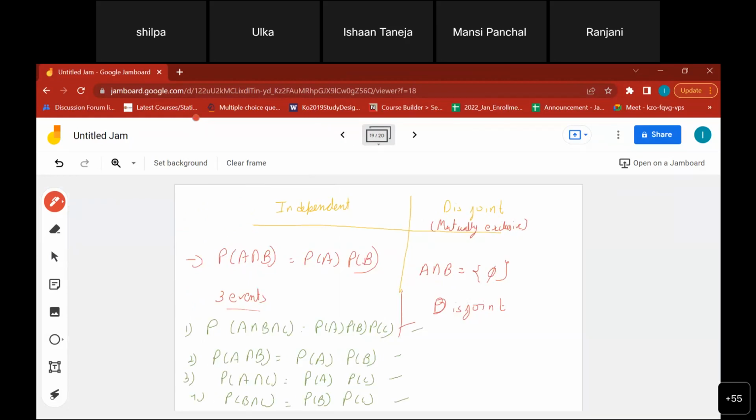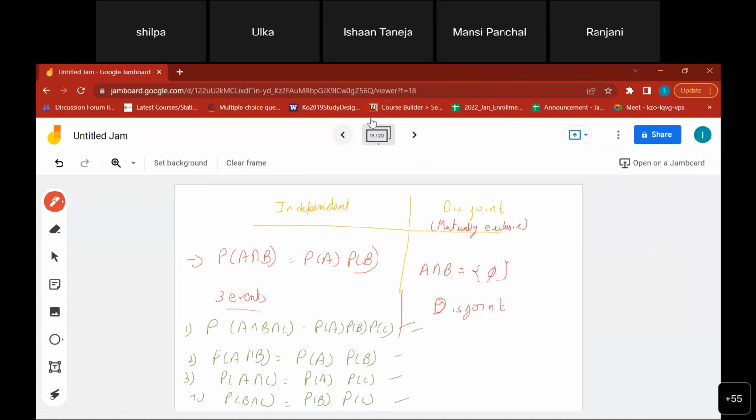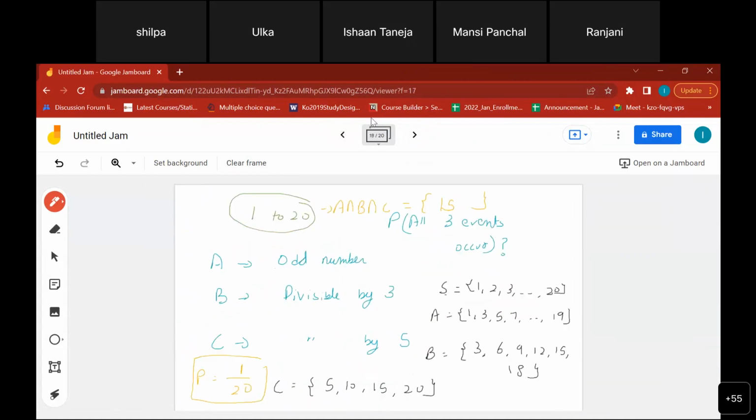Ishan, could you represent two independent events in the form of a Venn diagram? In the form of a Venn diagram, it would be a bit difficult. Okay, let's cover the concept of conditional probability, then we would be able to visualize a bit. Great. We'll do it. Okay, so here can you tell me if events A, B, and C are independent or not?